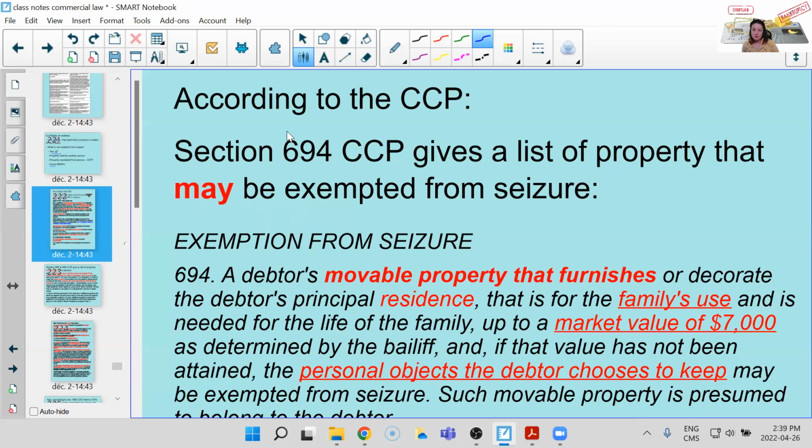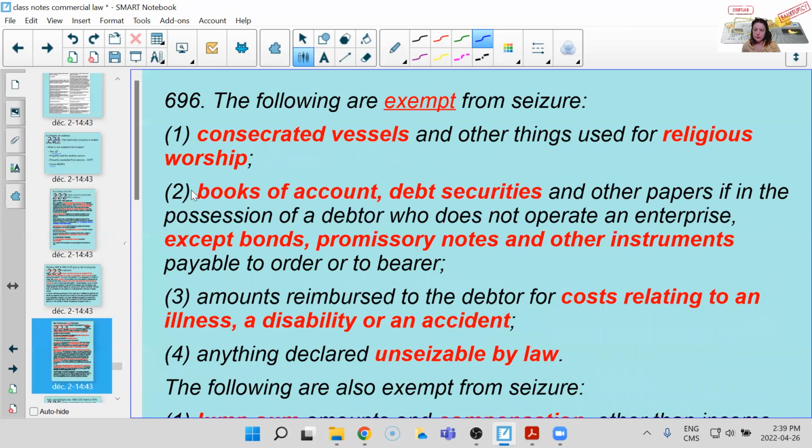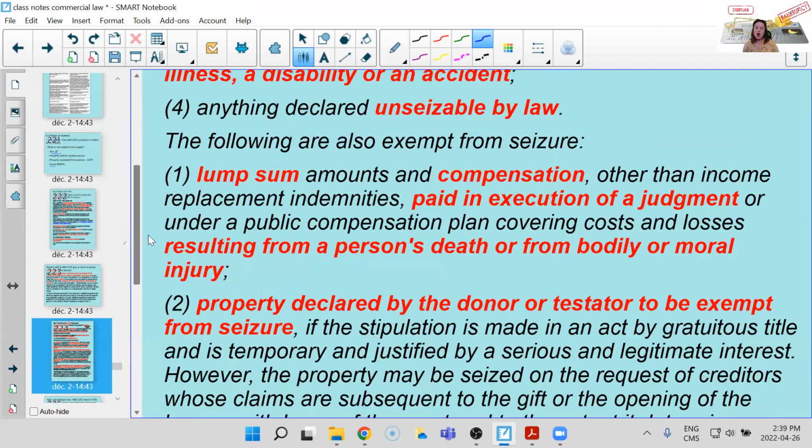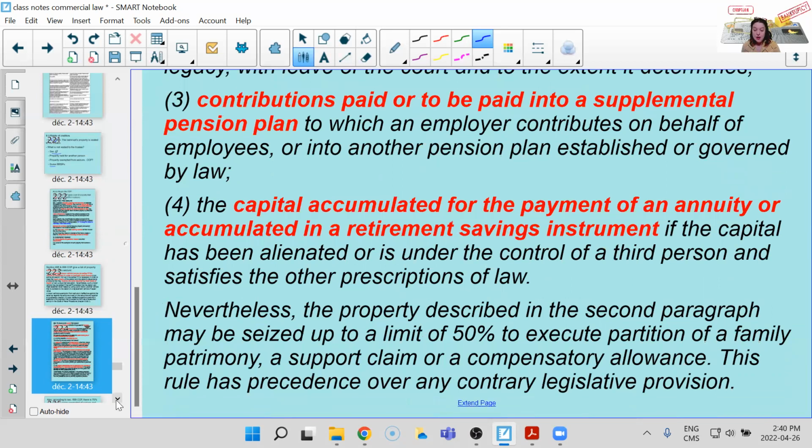Articles 694, 95, 96 are property that may be or is exempted from seizure. It doesn't mean that because it is valuable you can seize it, or the other way around. It's not because it doesn't have much value that it cannot be seized. It's really according to all the different categories. But you will cover that.